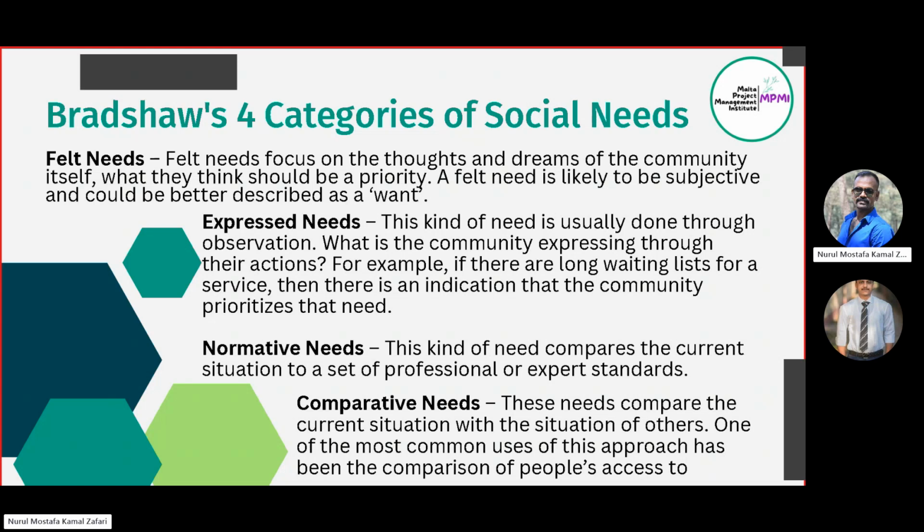Then the comparative needs. Comparative needs, when we compare with an ideal situation. For example, one community has 4,000 people. Another community also has 4,000 people, but this community has 2 schools and another community has 10 schools, though the number of community members is the same.